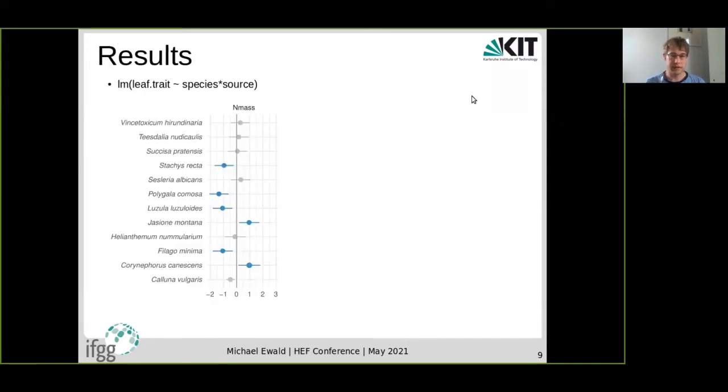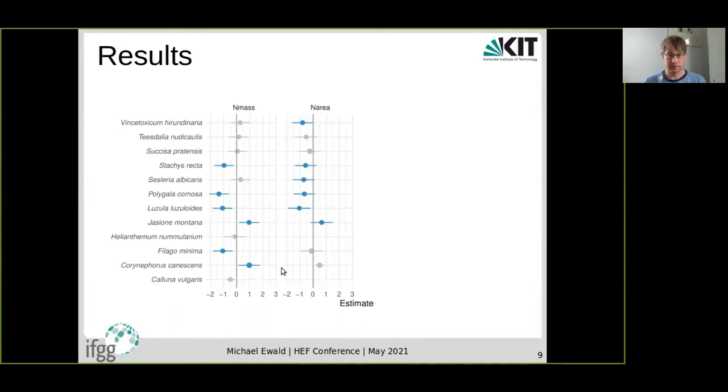These are the results. What you see displayed here are the coefficients of a linear model that you see here above. Blue colors indicate significant differences between historic and recent samples, and negative values indicate that the trait values were higher in the historic samples, and positive values indicate that the trait values were higher in the recent plant samples.